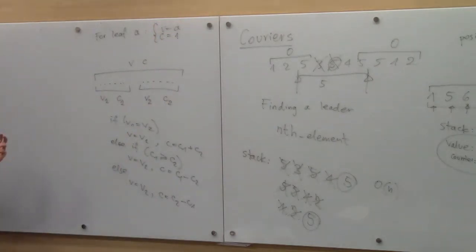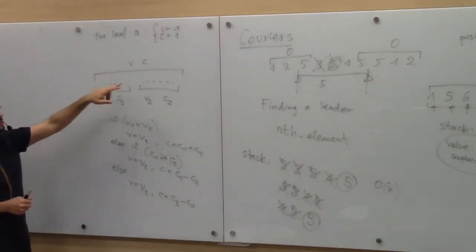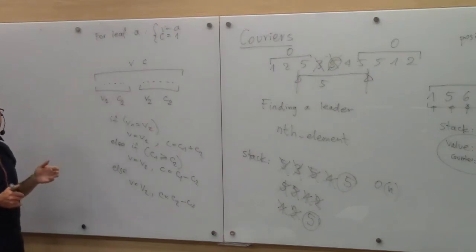And when we have an inner node which merges two parts, we know the value of V, C for each part, and then we can calculate the value V, C for the parent node.